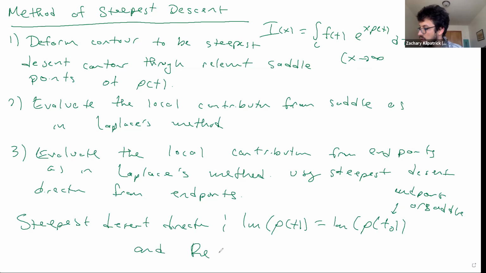And you want your real part of rho of t to be less than 0 in this case, and ideally as small as possible. These relations will allow you to write down the parameterization of the contours that you would want. It often helps to sketch these out, as we've done for these examples.